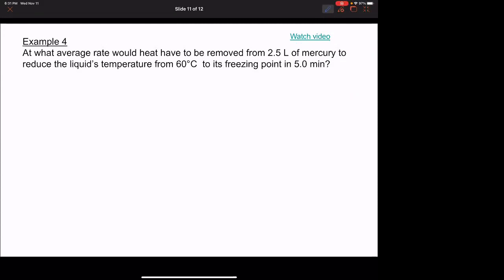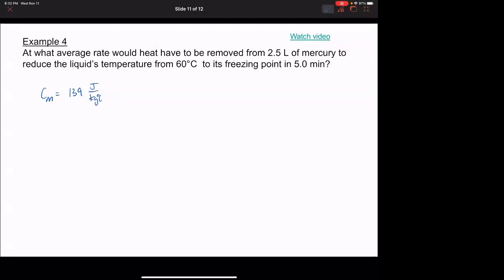Here we go. I'm going to write down the specific heat of mercury is 139. Found that in the book. And then we've got to find the melting or the freezing point of mercury.